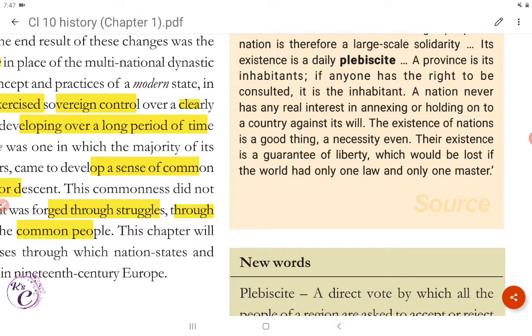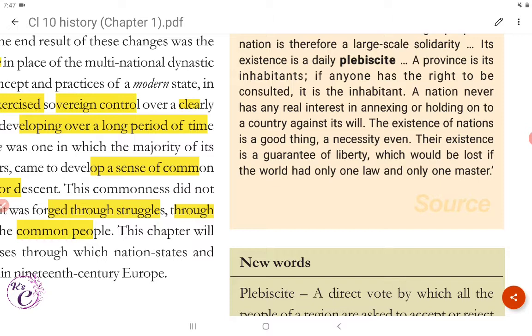A province is its inhabitants. If anyone has the right to be consulted, it is the inhabitant. A nation never has any real interest in annexing or holding on to a country against its will. The existence of nations is a good thing, a necessity even.